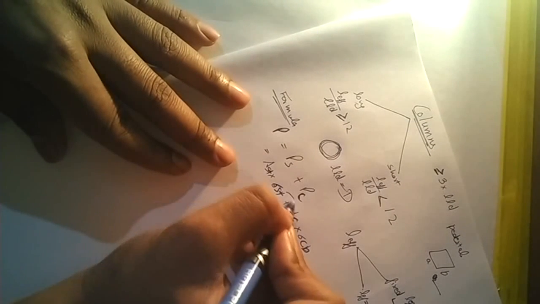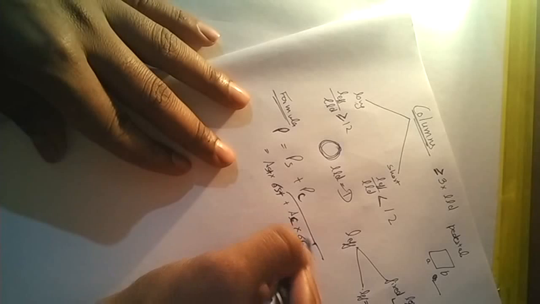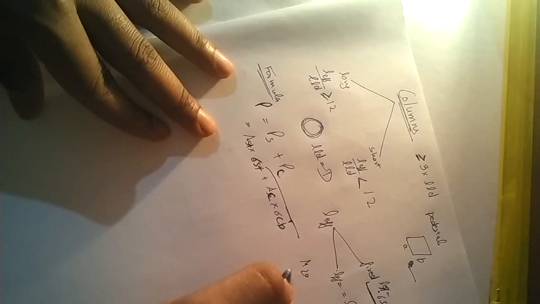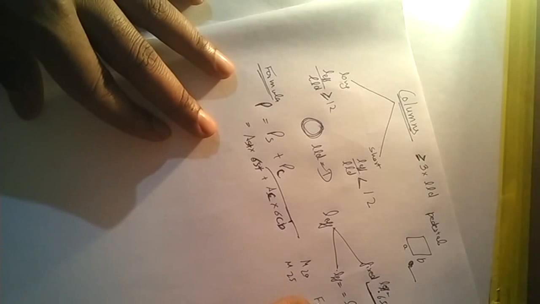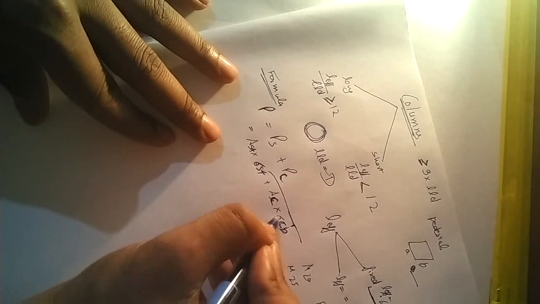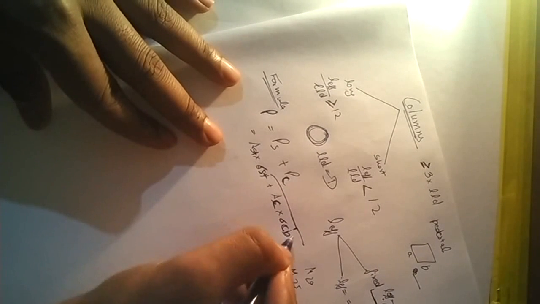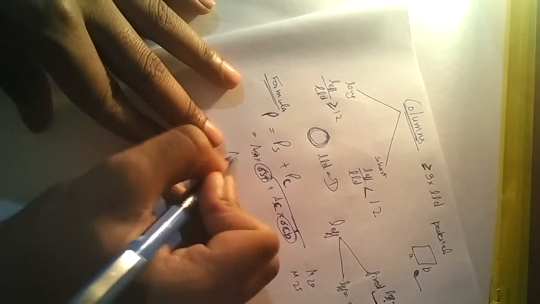These values could be found from the questions, like M20, M25, Fe 250; otherwise these are constant values.